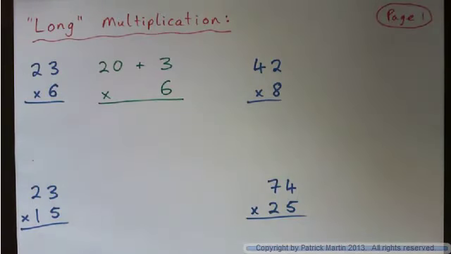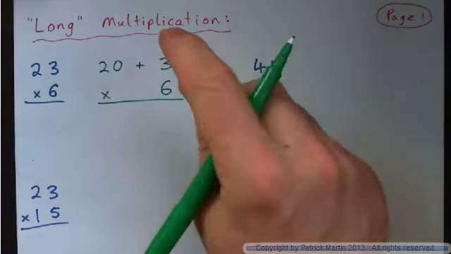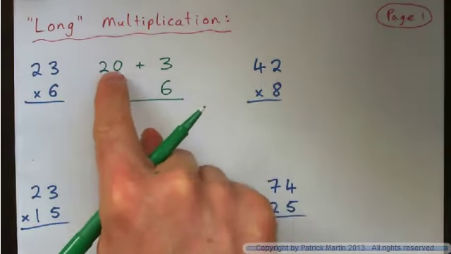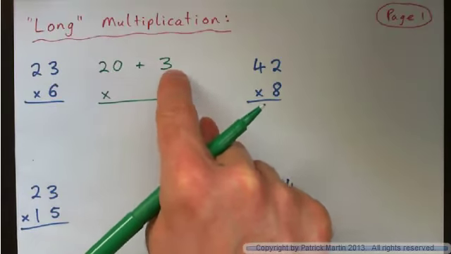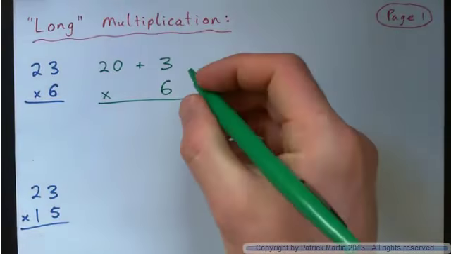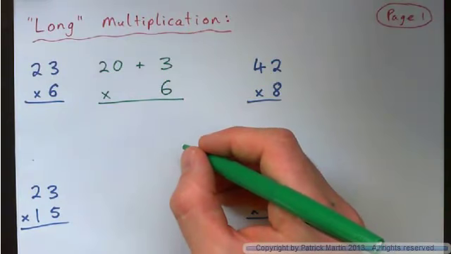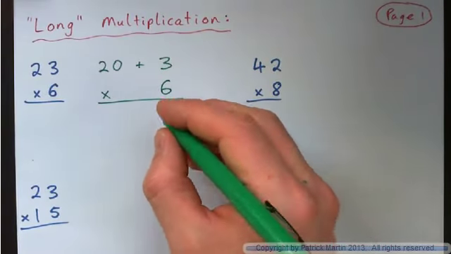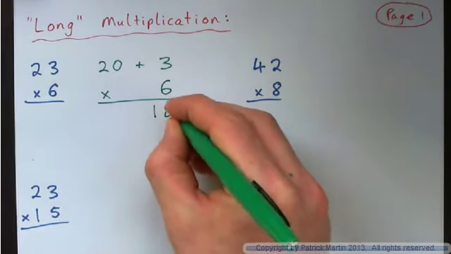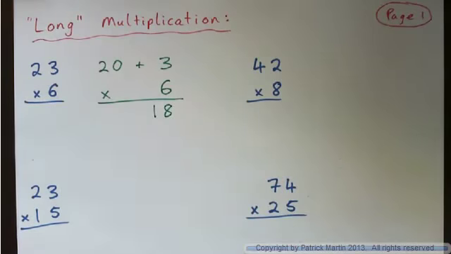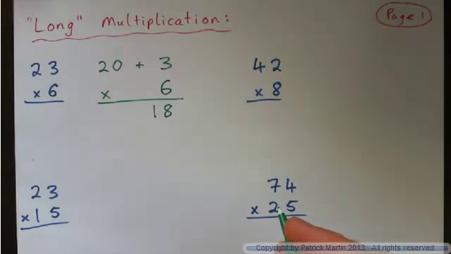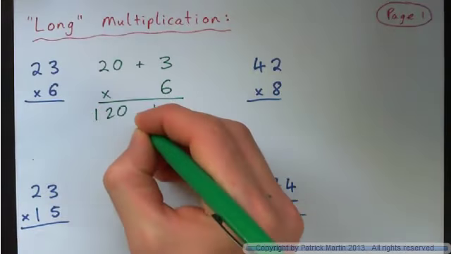And we've just covered the distributive property, I hope. So it should make sense that to multiply 20 plus 3, you can go 6 times 3. 6 times 3 is what? 3 6s is 18. And 6 times 20 is, well, 5 20s would be 100, right? So what's 6 20s? 120, right?